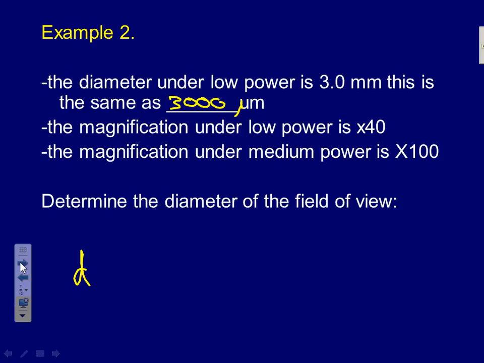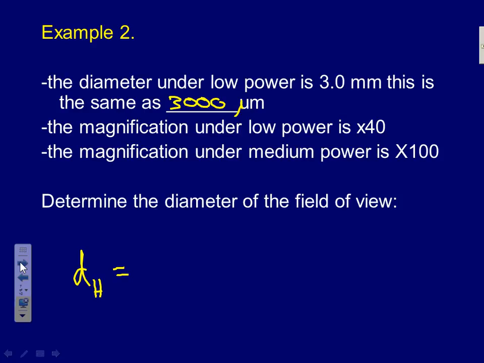You know what I mean? Because it's higher than low power. So I'd like to keep the H, but you don't have to. You could put an M, but I'd like to keep the H because I'm really talking about the diameter under the higher power. DH. What goes on the top of that equation? I don't want the numbers yet.